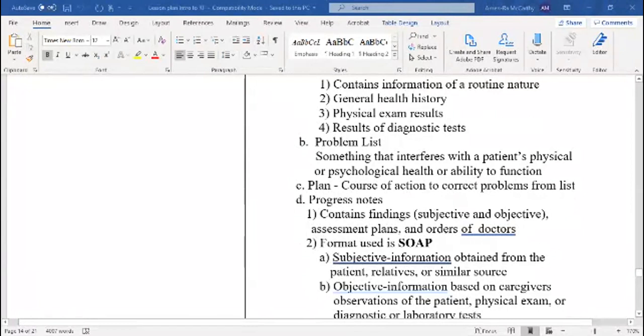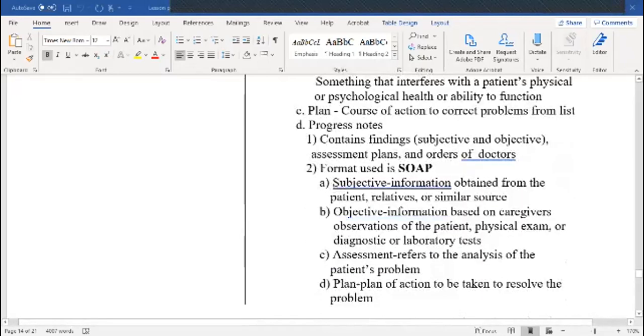The format for the progress notes is we call the SOAP method. The SOAP method. Okay. So like I said, subjective is S, O for objective, A for assessment, and P for plan. That's the form we use, the SOAP method.